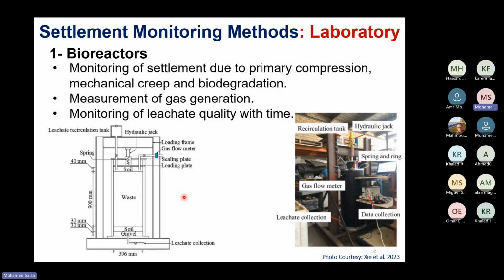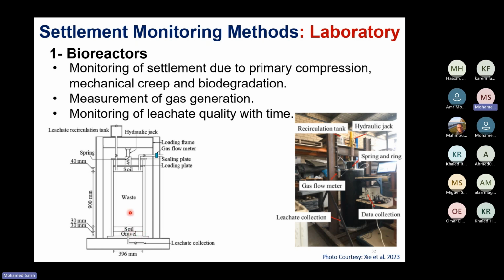there are two approaches. The first approach that I prefer is bioreactors. If we look at the photo on the left-hand side of the slide, the bioreactor is simply like a tank. Inside this tank, we place at the bottom a layer of gravel overlain by soil, it could be sand.